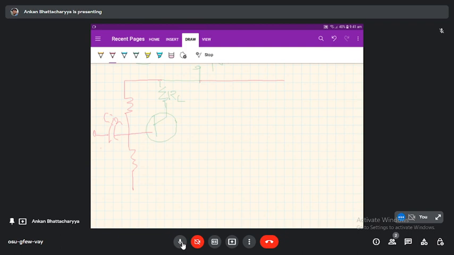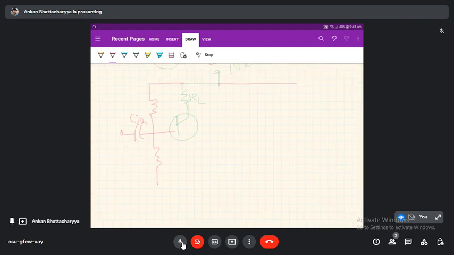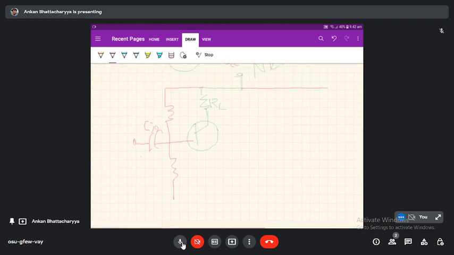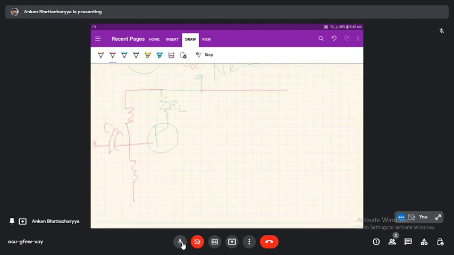It will block the DC part and allow the AC part only as the input signal. So it may be the first stage or maybe an intermediate stage. So we write here: from previous stage or source. And this is the other terminal.